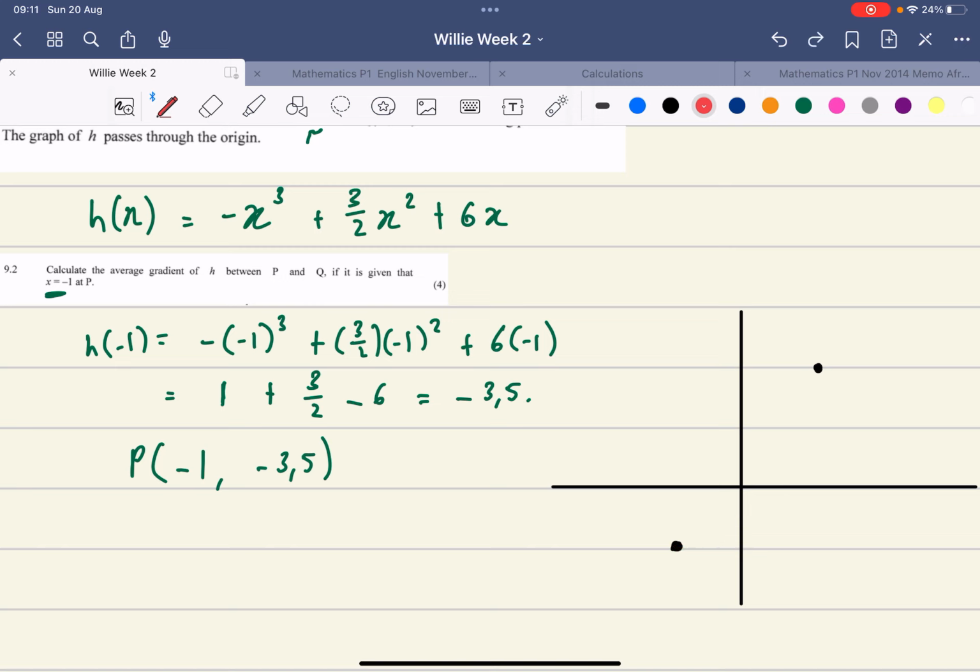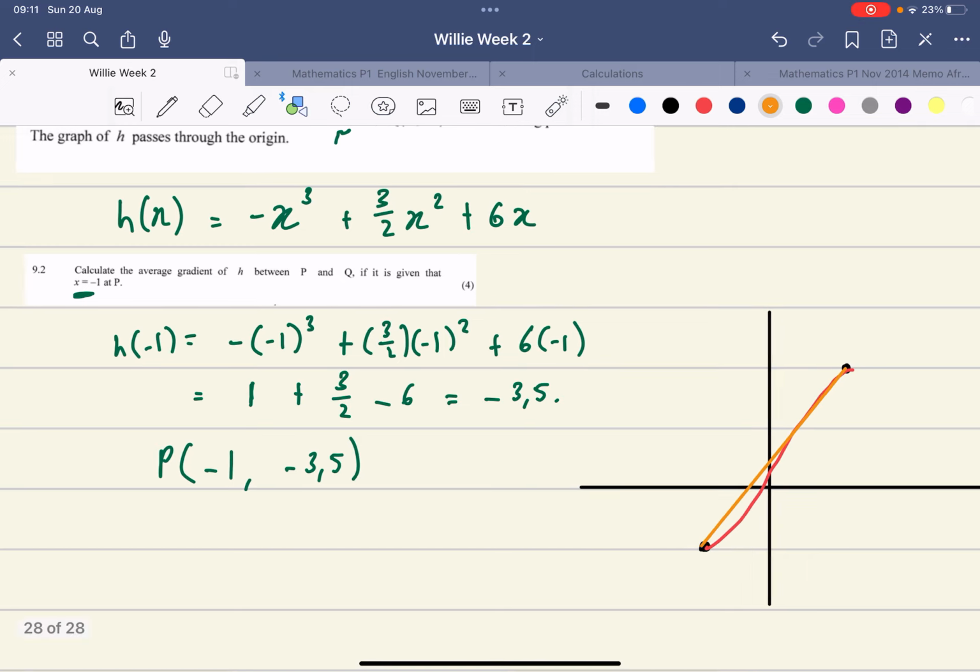The average gradient simply means finding the gradient of the line which connects those two points. It averages out all the gradients between them. So all we need to do is find the gradient of the straight line that runs through the points P and Q.